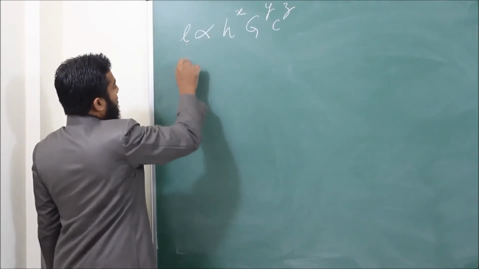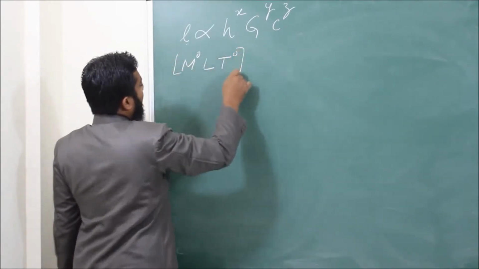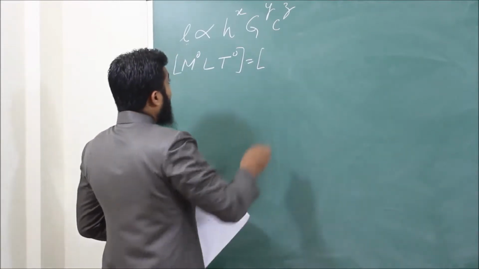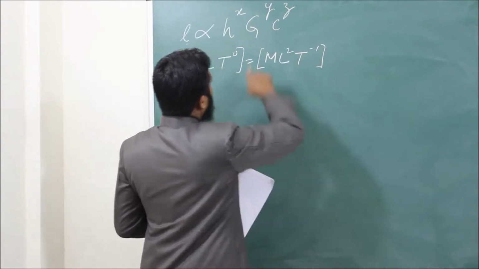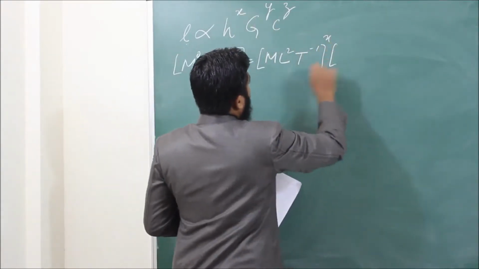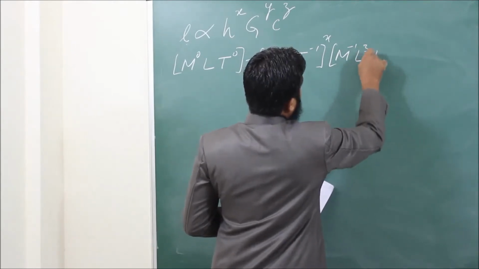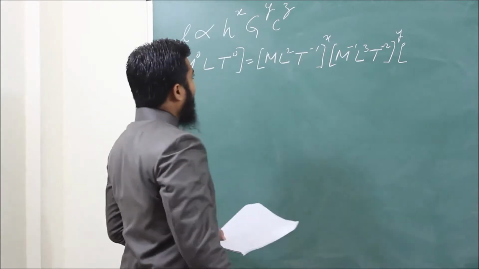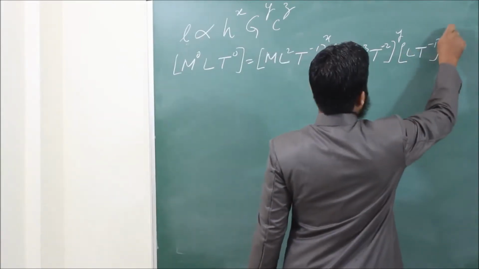It has just L, so I can write M0, L and T0. On the right hand side, the dimensional formula for Planck's constant is M L square T minus 1, which is the power X. Then gravitational constant M raised to the power minus 1, L cube and T raised to the power minus 2, total power Y, and C is speed, which is LT minus 1, total power Z.